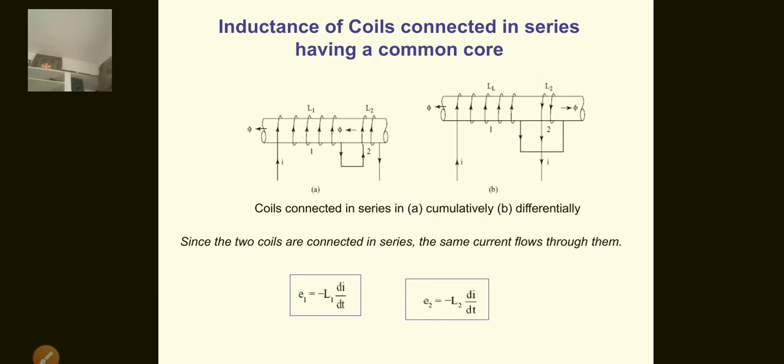Since the two coils are connected in series, the same current flows through them. Therefore, E1 is equal to minus L1 di by dt. Similarly, E2 is equal to minus L2 di by dt.